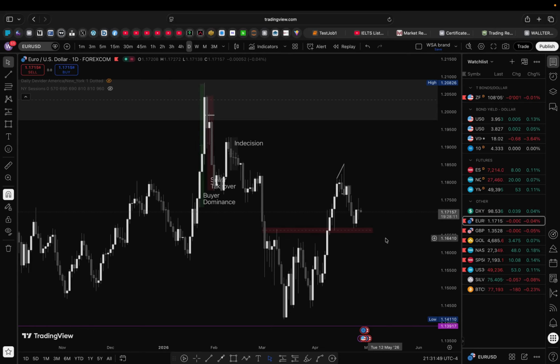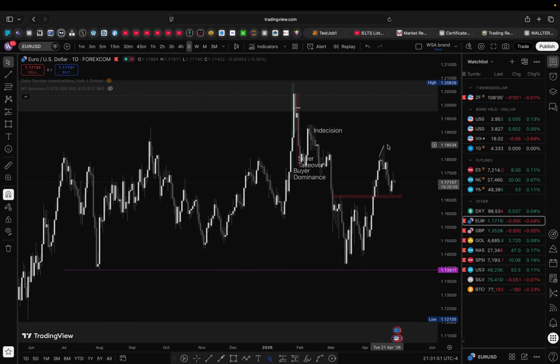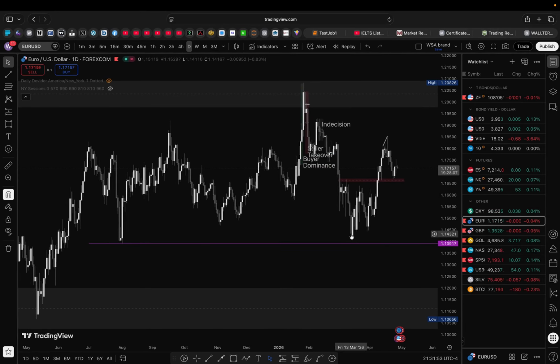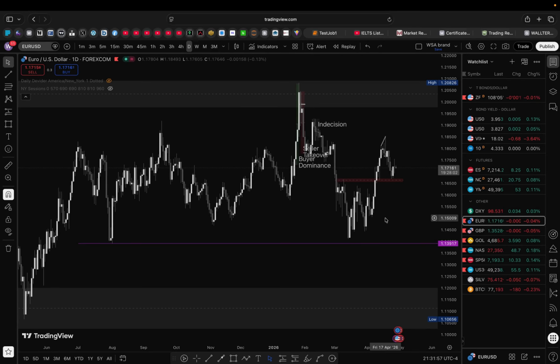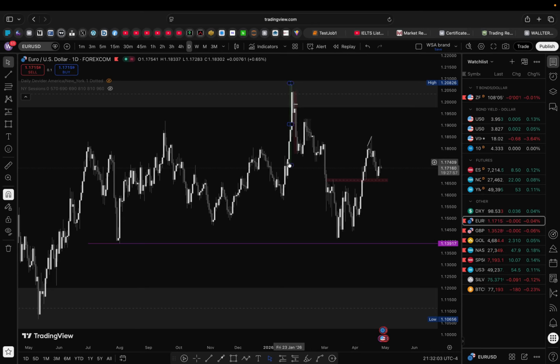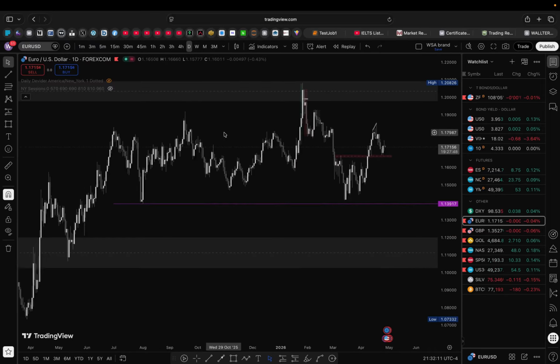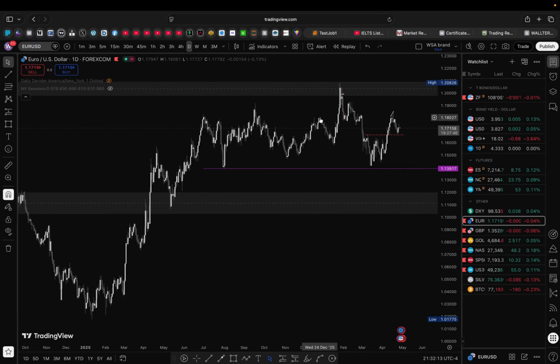So are we going to see bullishness from here? Are we going to see bearishness continue? Right now I don't really know what I'm looking at in the Euro USD, other than the fact that this whole down move right here that sends price higher, taking out buy side here and here, if I'm looking at it for what it is, then this is a bearish pivot.